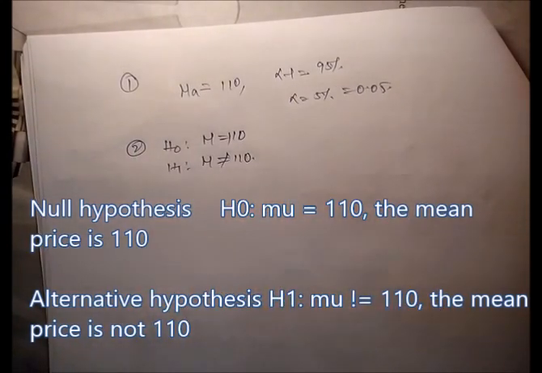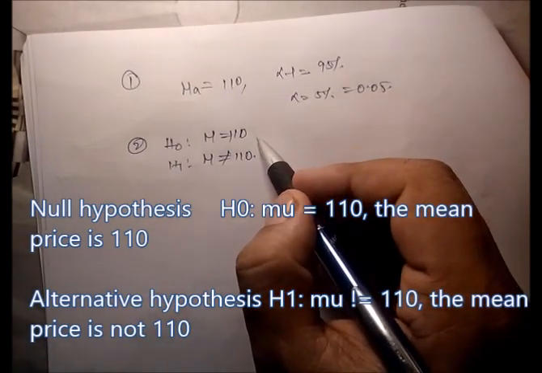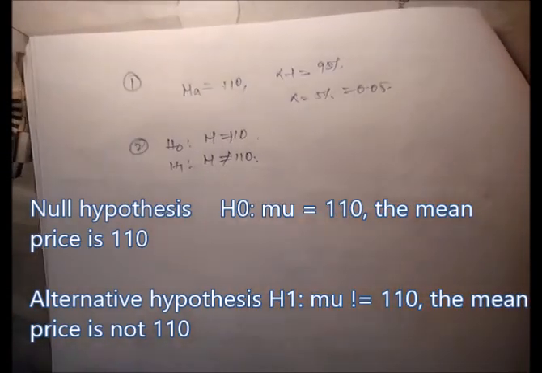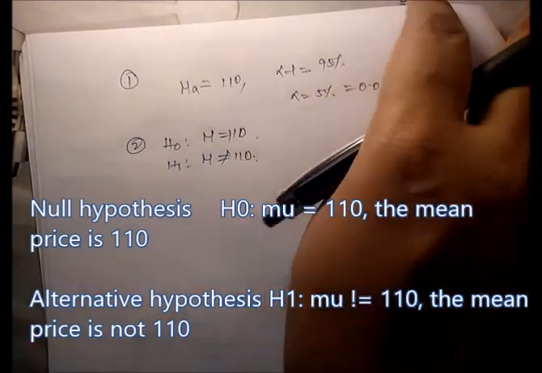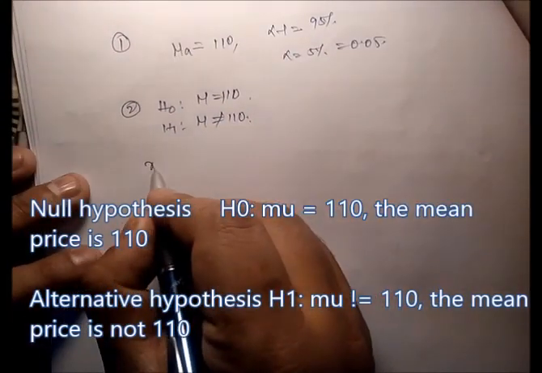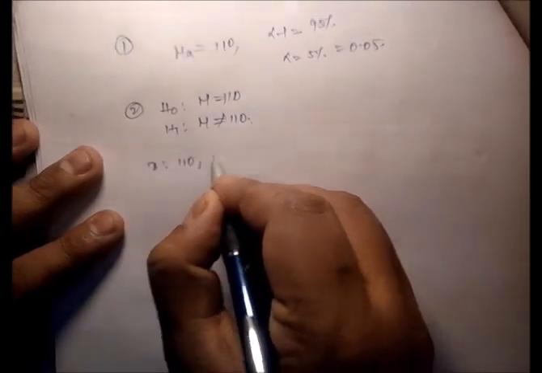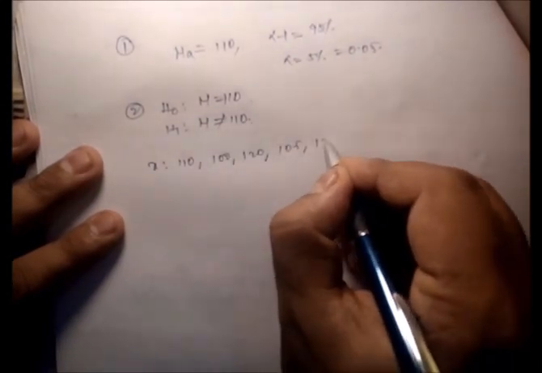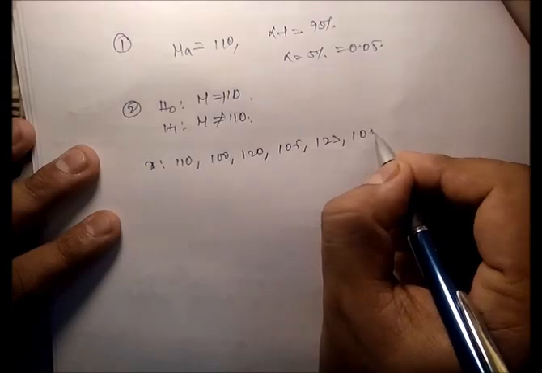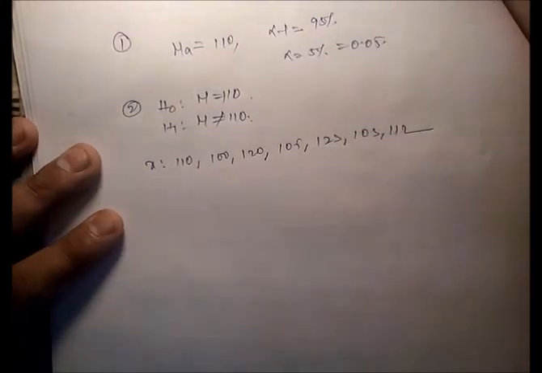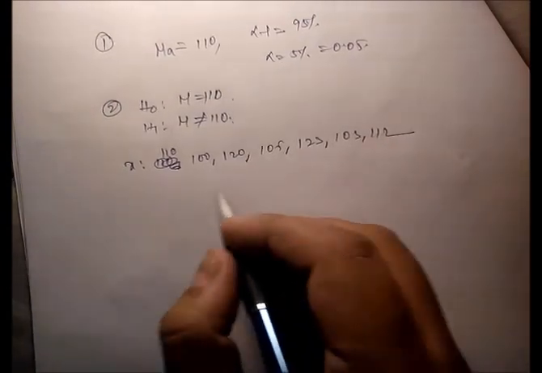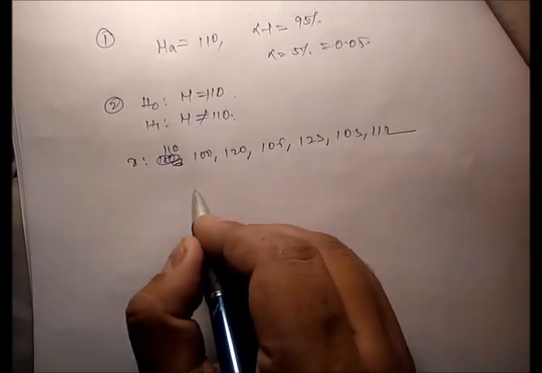Clear? So in H0 the mean price is 110, and here the mean price is not 110. The data are 110, 100, 120, 105, 123, 103 and 112.